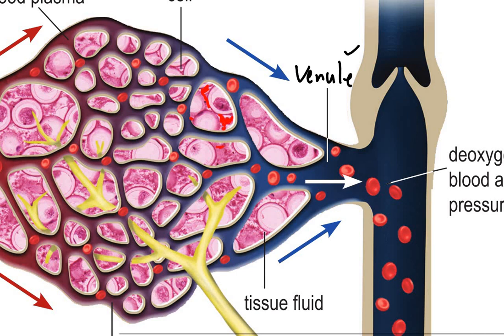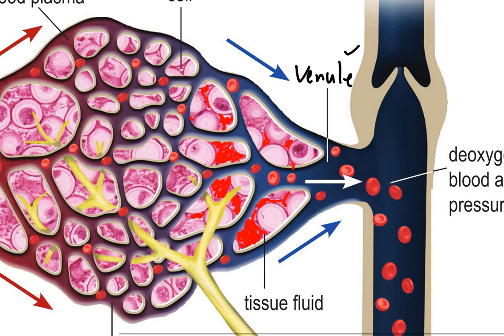So now all of these have tissue fluid. We color the tissue fluid first. This is the venule, right? So color the tissue fluid. Focus on this side. This one is also tissue fluid.